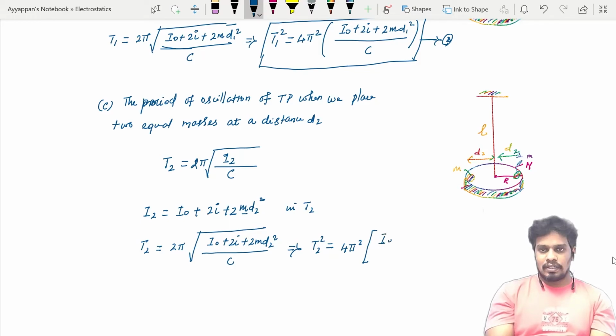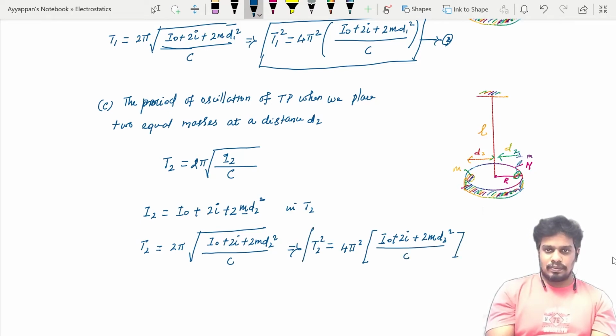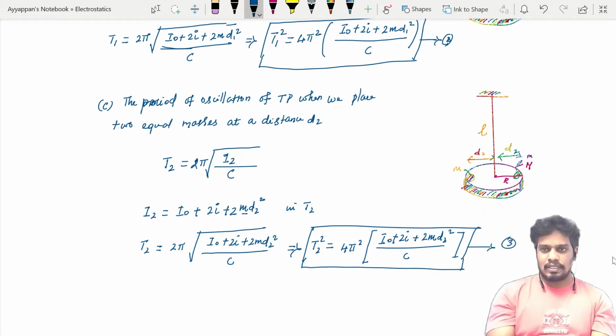Then you have I naught plus 2 times I plus 2m d2 square, whole divided by C. Here you have to close this bracket. This is equation number 3.